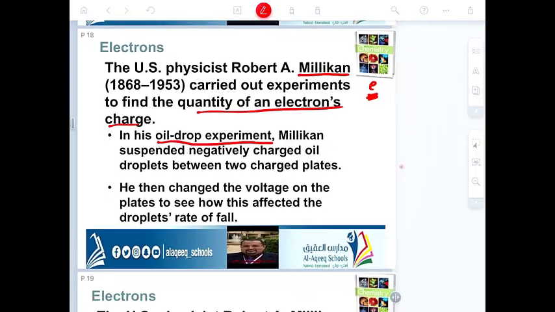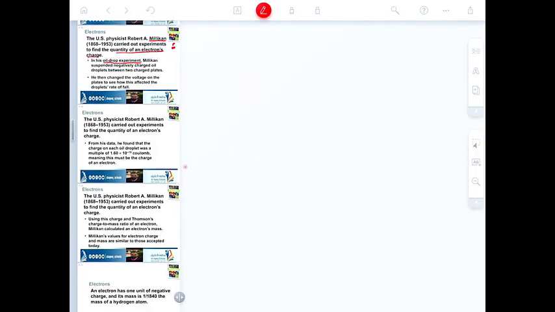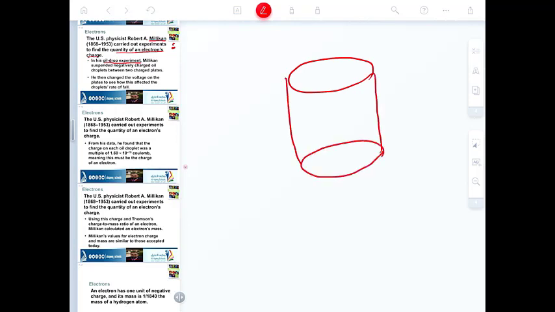What did he do? Look. Millikan put some oil droplets inside a cylinder like this, and made a microscope here to see what happens inside. And from this side, another side, he allowed the electrons to move. Here he allowed some droplets of oil to fall down.